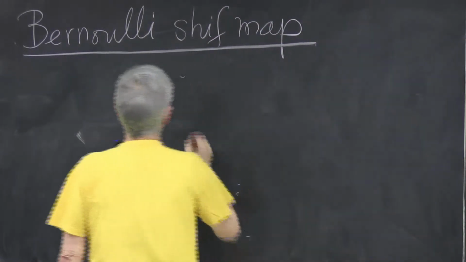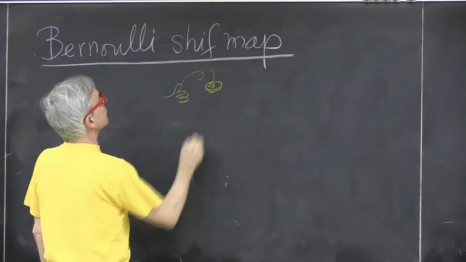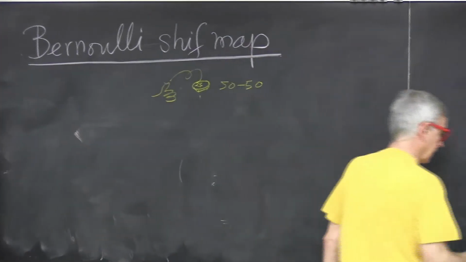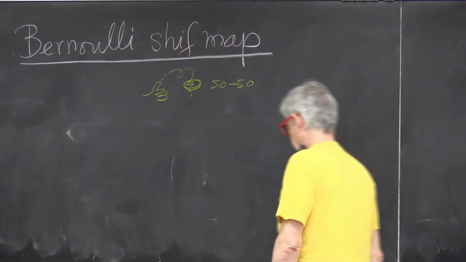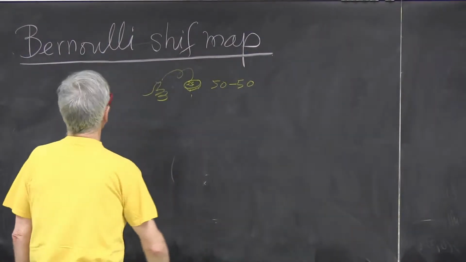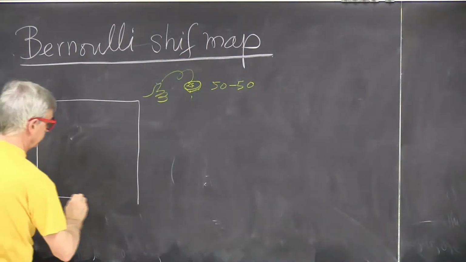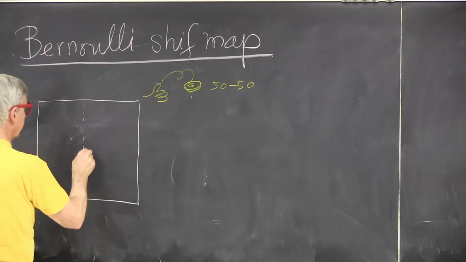Bernoulli shift map, also known as coin toss, 50-50 probability to get one or other outcome, is a deterministic system that mimics the probabilistic process of throwing a coin. It's a map defined on the unit interval.